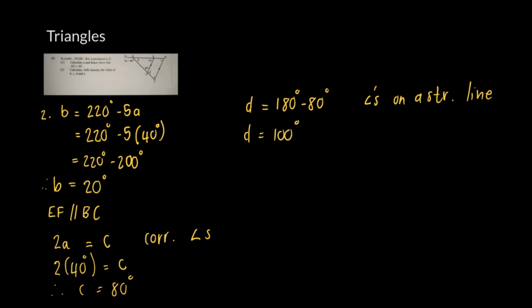There we go. And to solve for E, we can do exactly what we did with C as well. So we can just say E is going to be equal to 80 degrees. That reason is because we have two corresponding angles. Okay, and that's how we solve for all of those.